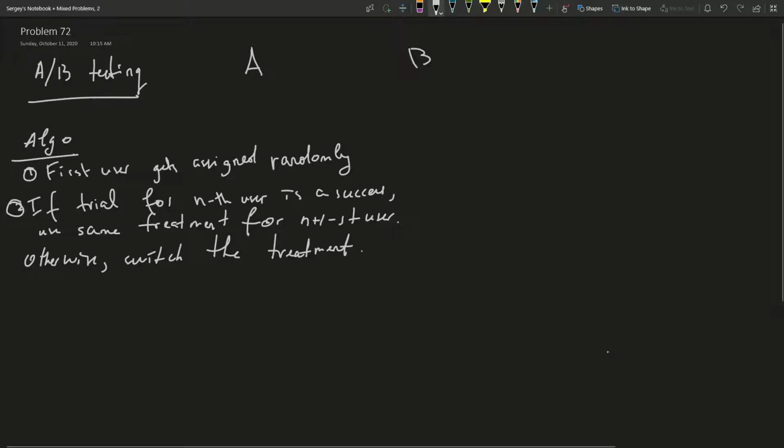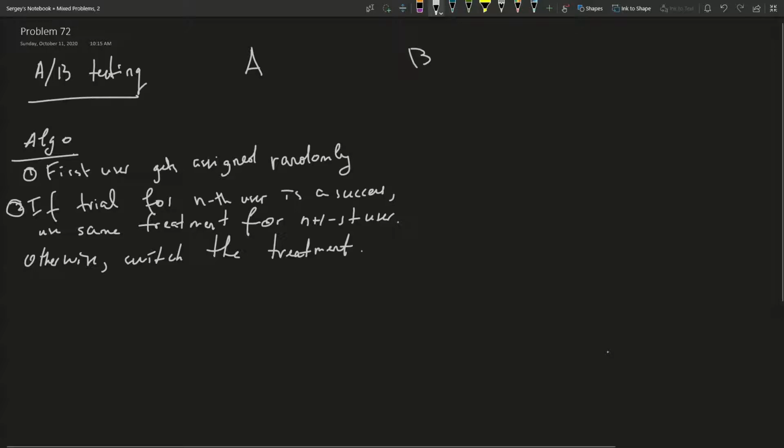But if the first user does not click in that part of the website, in other words, the trial fails, then for the next user, we're going to assign version B. So we're going to stick with the same version of the website as long as the trials are successful, or as long as the users keep clicking in that part of the website.